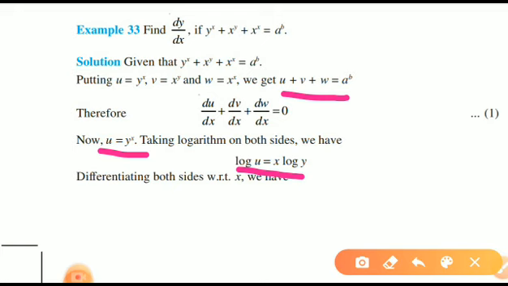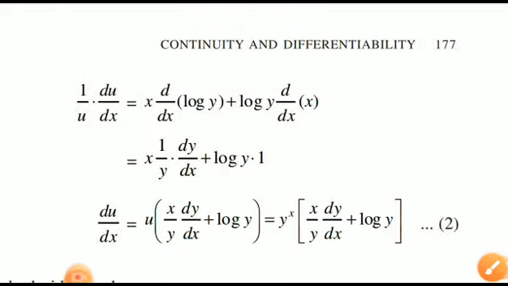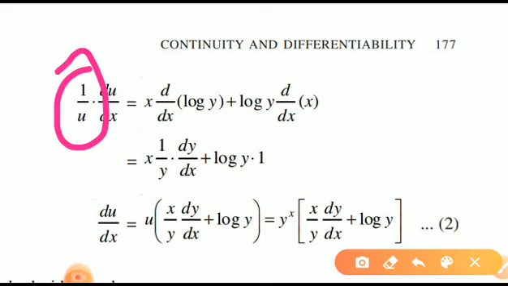Differentiate it on both the sides with respect to x. Derivative of log u, u is a function of x and y, so I have to write it as 1 by u into du by dx. Don't forget this du by dx.